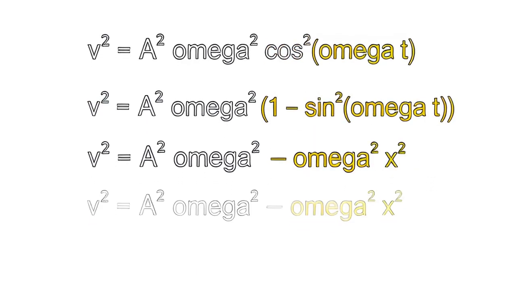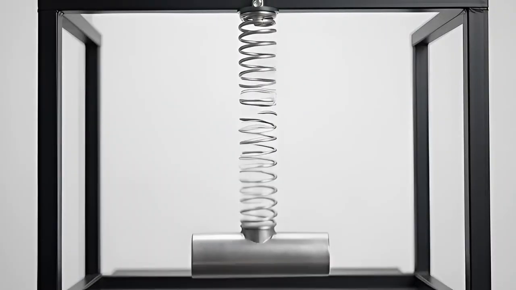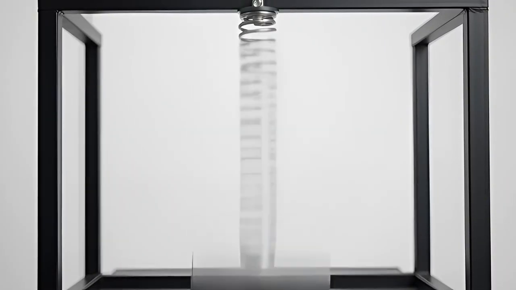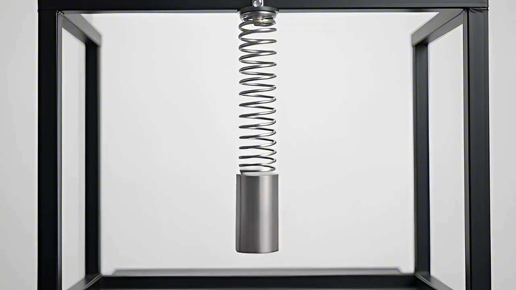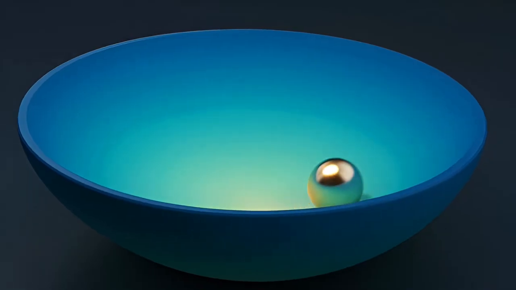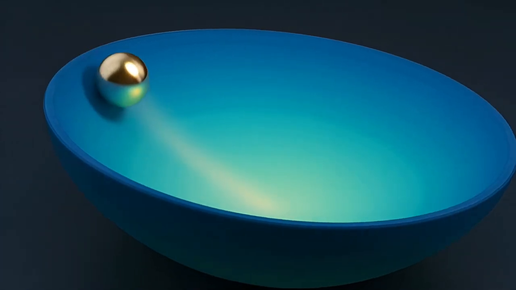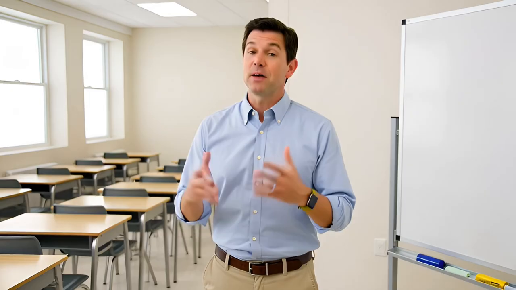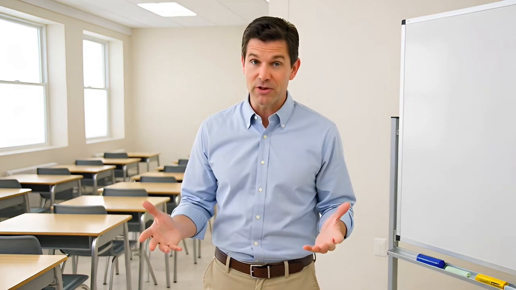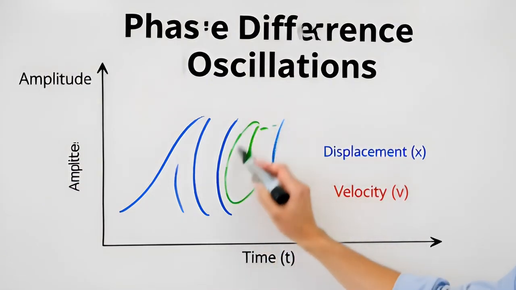Time period, usually denoted by T, is the time taken by the body to complete one full oscillation, meaning it starts from some position, goes all the way to one extreme, comes back through the center, reaches the other extreme, and returns to the starting position. This complete round trip constitutes one oscillation.